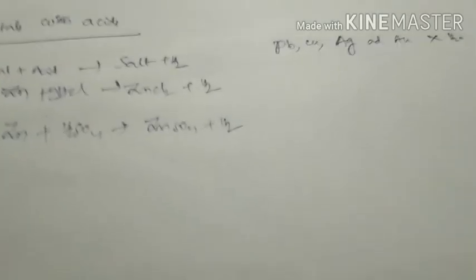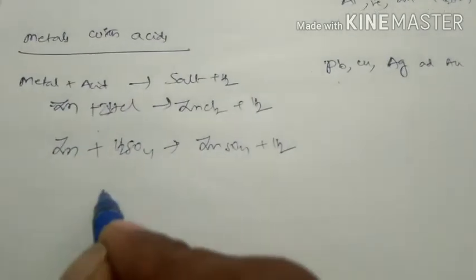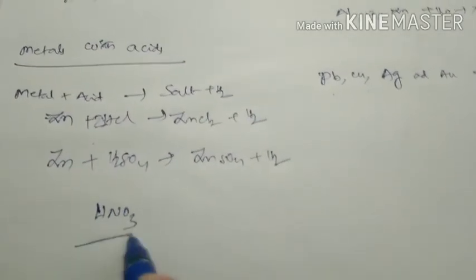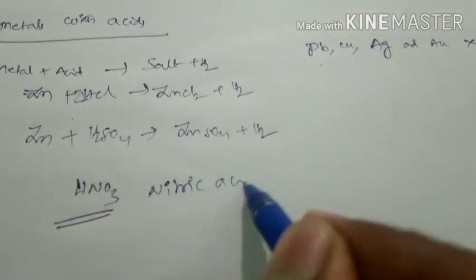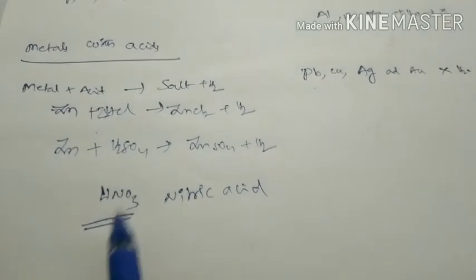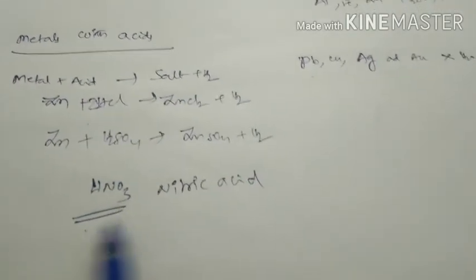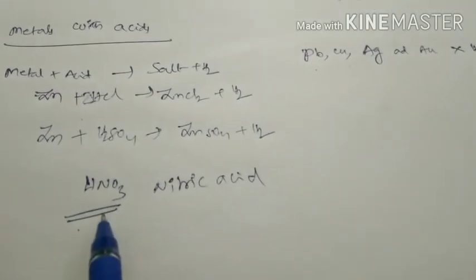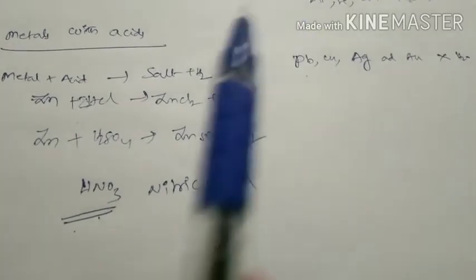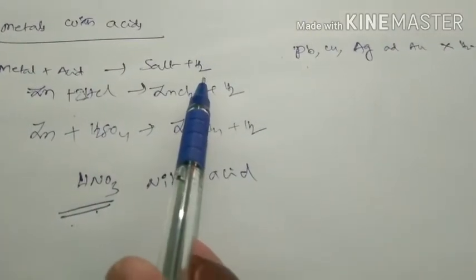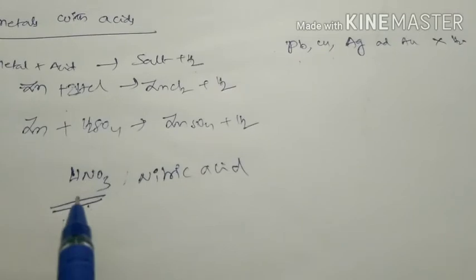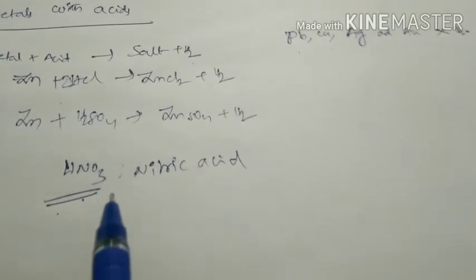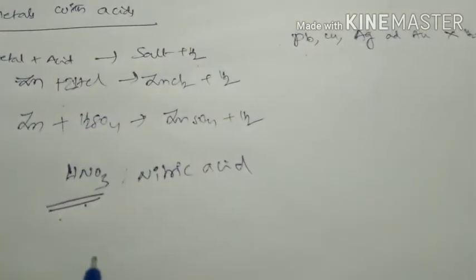Next, here one important point is HNO3. Its name is nitric acid, that means it is an acid. When any metal reacts with nitric acid, then water is formed instead of hydrogen gas, because nitric acid has a strong oxidizing nature, it is a strong oxidizing agent.